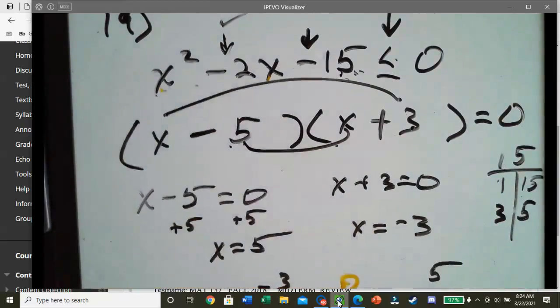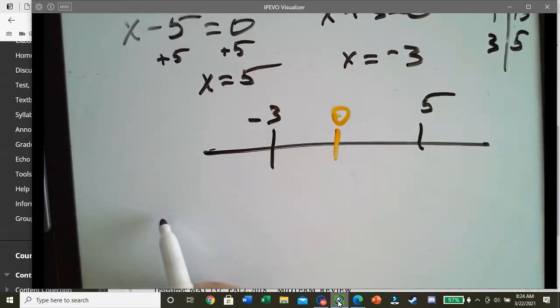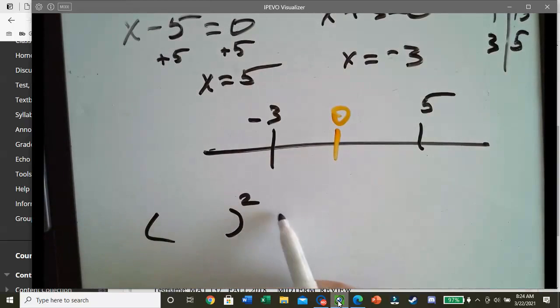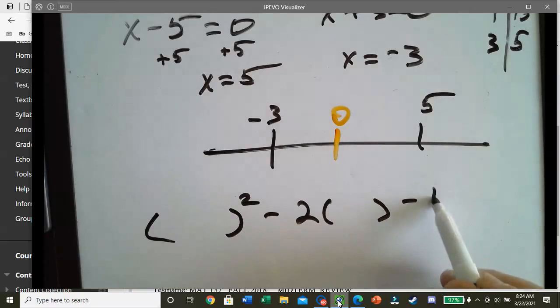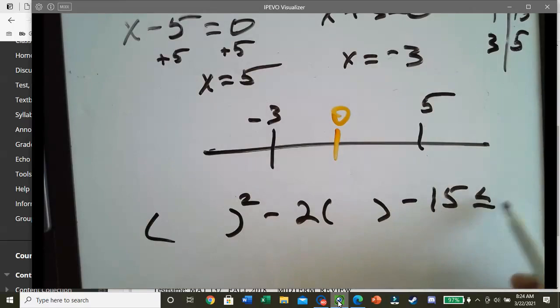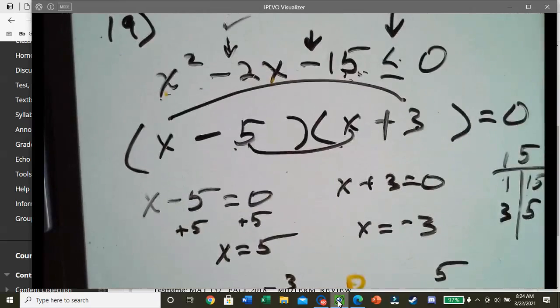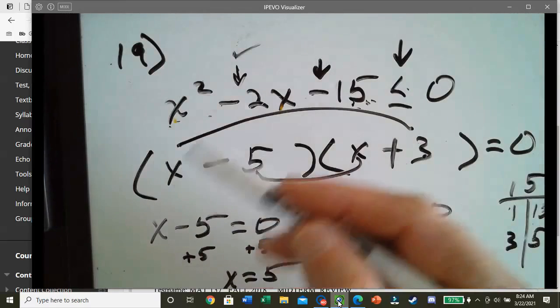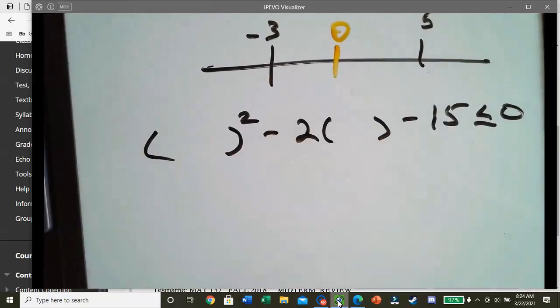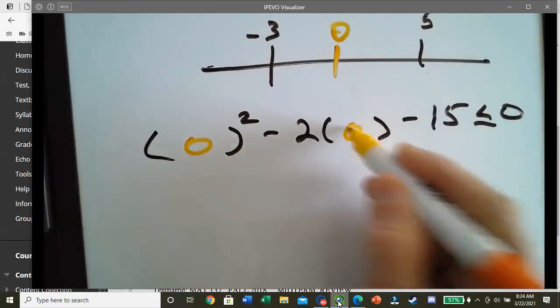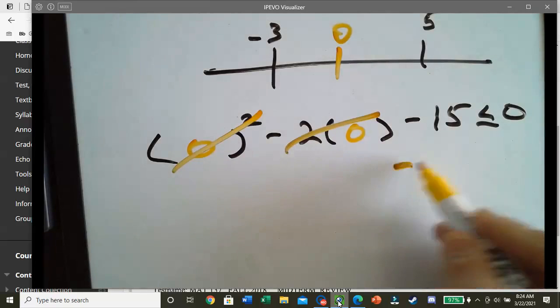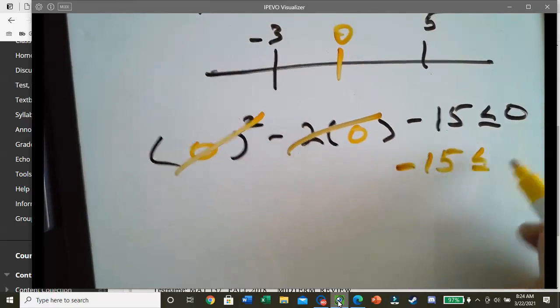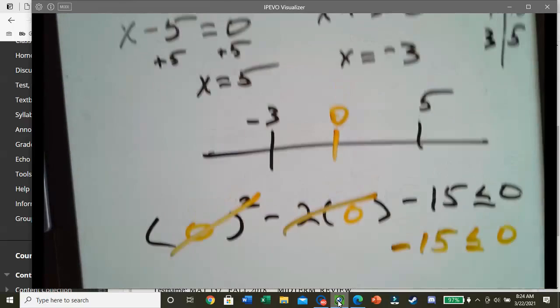So we cut out the x and we put 0 in here, right? We substitute 0 in. So this is parentheses squared minus 2 times parentheses minus 15 less than or equal to 0. Okay, so all I did was cut out the x's and substitute 0 in, right? Well, that goes to 0 and that goes to 0. So we have negative 15 is less than or equal to 0.